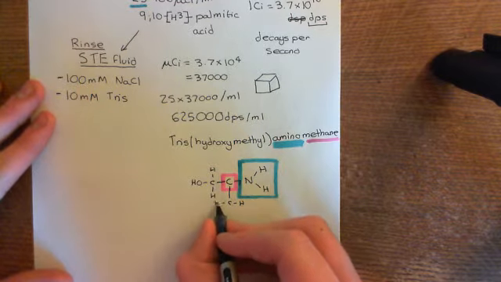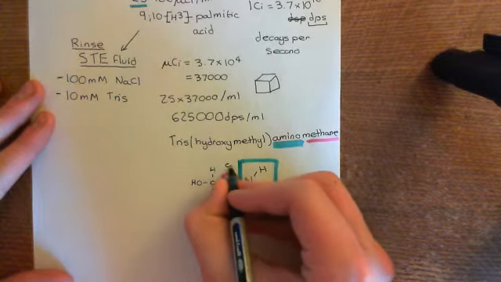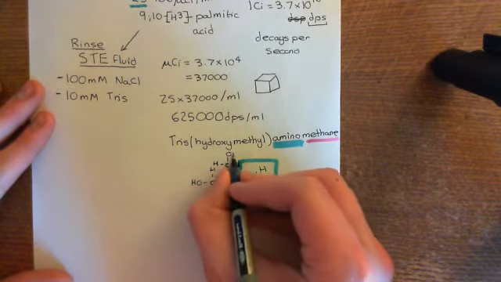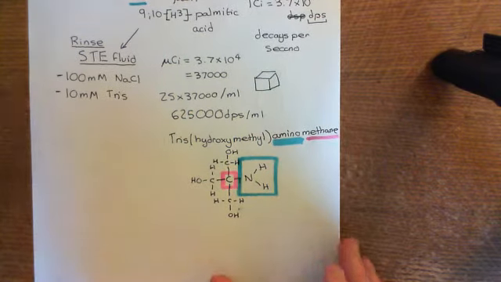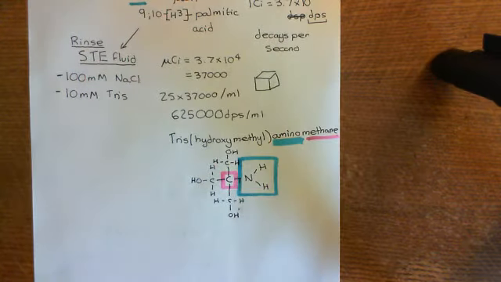So here's another methylene group with an alcohol group coming off it. And finally, another methylene group, then with one final alcohol group coming off it. So this is tris hydroxymethyl aminomethane. Okay, so you're going to have 10 millimolar of this substance, which is just often abbreviated to tris, in the STE fluid.